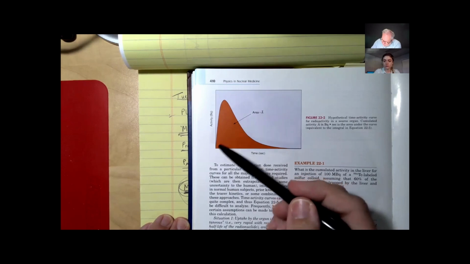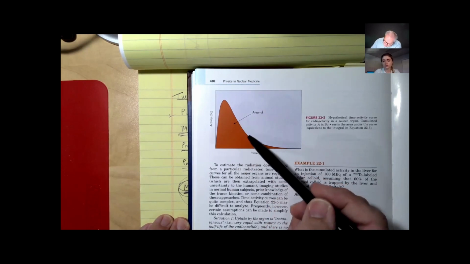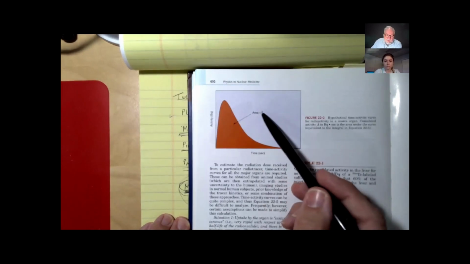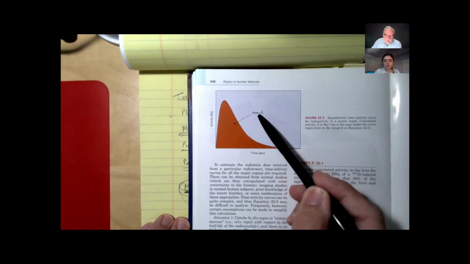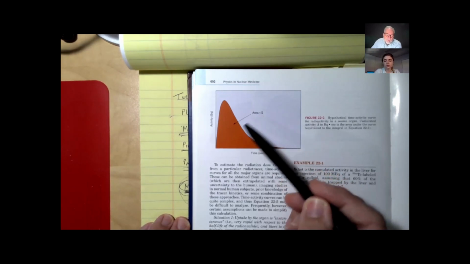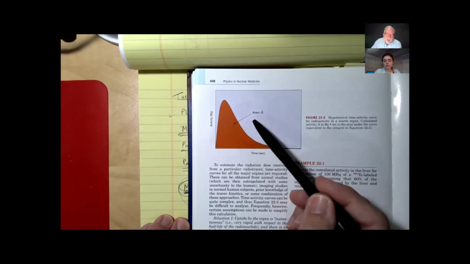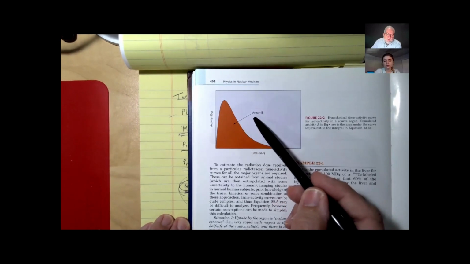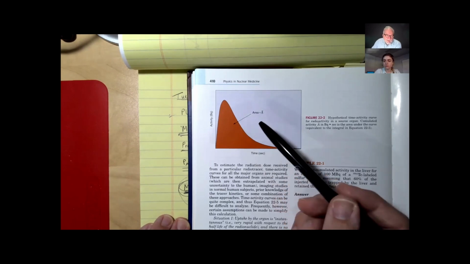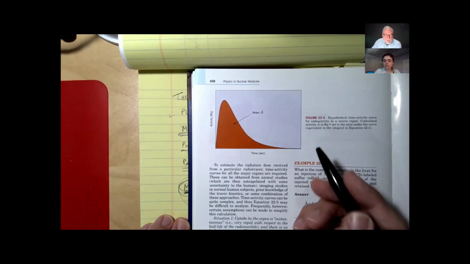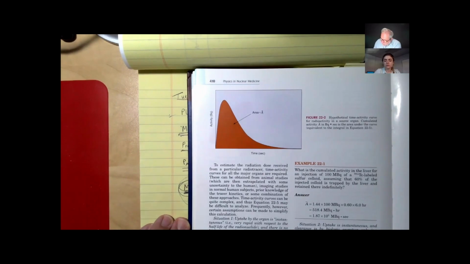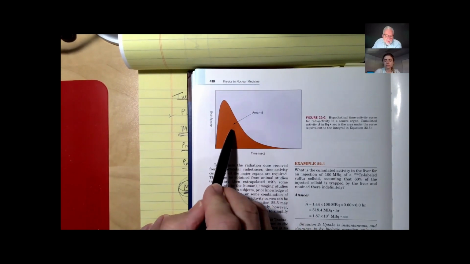What we want to know is how much activity is in there, and then based on the distance of that source to the target organ and the energy of the radioactive emission, we can calculate what the absorbed dose is. So how do we figure this out?